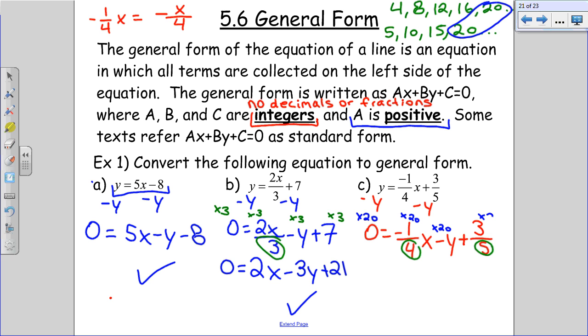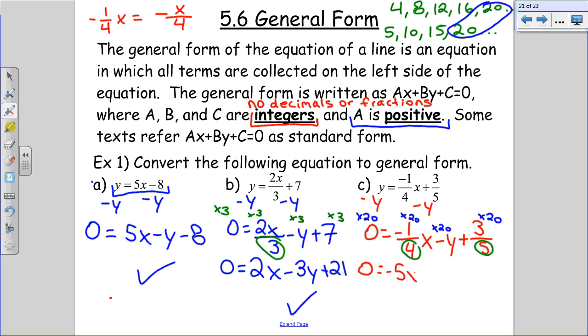This is where it kind of comes in handy to use that trick that we just did last time. You know how I said, like, if you cancel out 3s, that works? If you look at this, 20 doesn't just cancel out with 4. So to calculate that properly, we would go 20 times 1 divided by 4. And you would get negative 5x. Okay, so that's what I did.